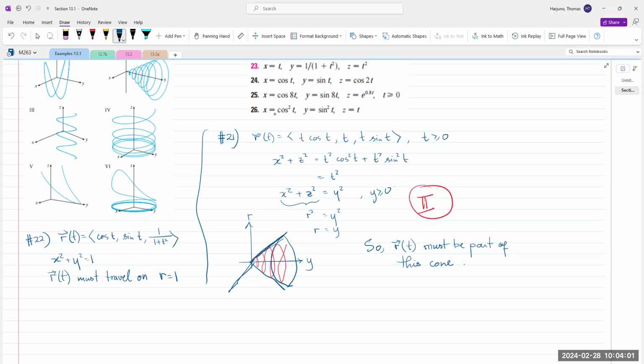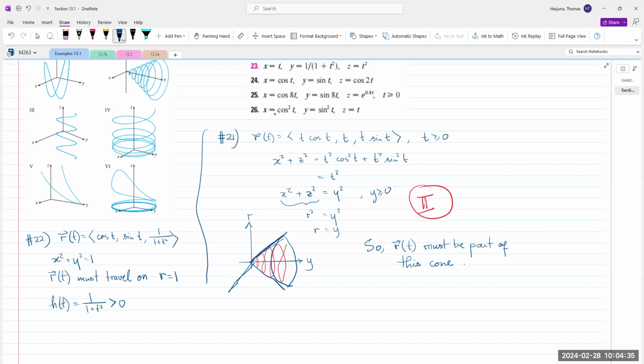The z component, 1 over 1 plus t squared, has a positive range, but at the same time it is at most 1.